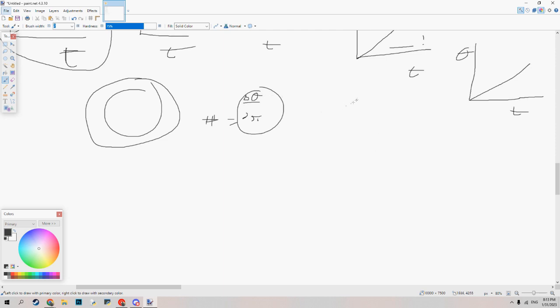So this is delta theta. You have a circle, and you're moving along the circle. The amount that you move is your delta theta, right? A full circle is simply 2 pi. Nothing to worry about. So if you want to find the number of revolutions, you just need to divide how much you've moved by how many circles.